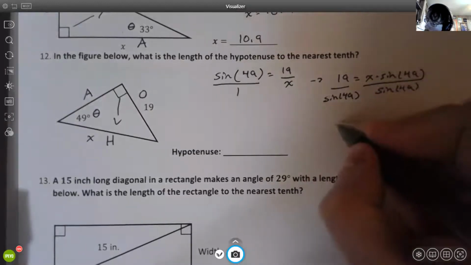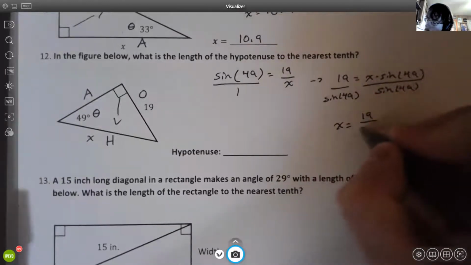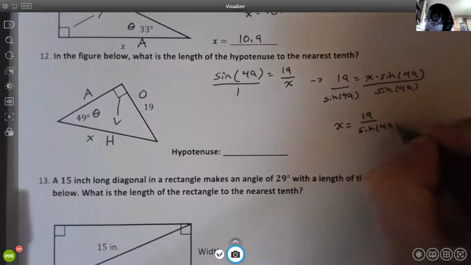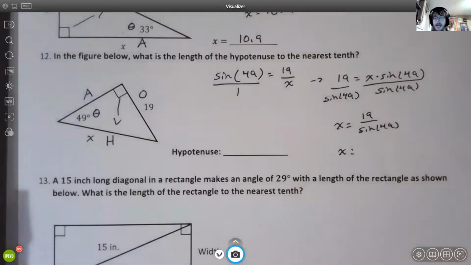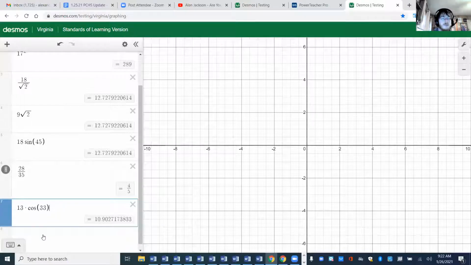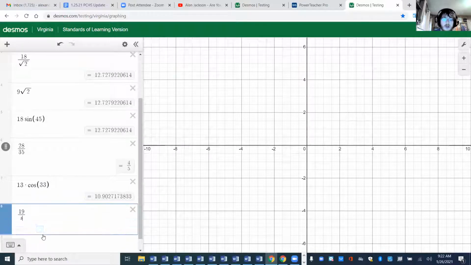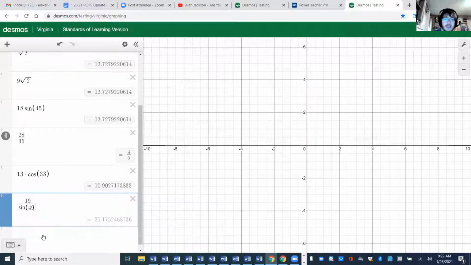So that means that X is equal to 19 over sine of 49. And we round that to the nearest tenth. So that would be X is equal to 25.2. And that is our hypotenuse.